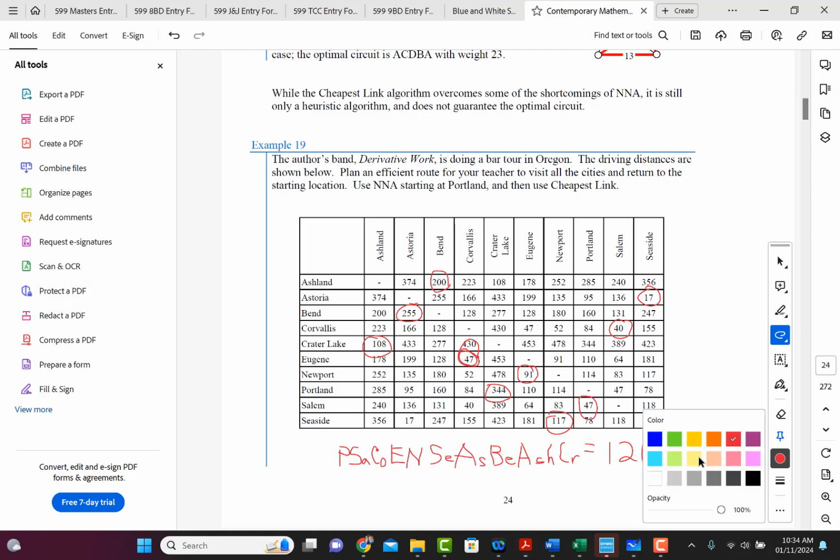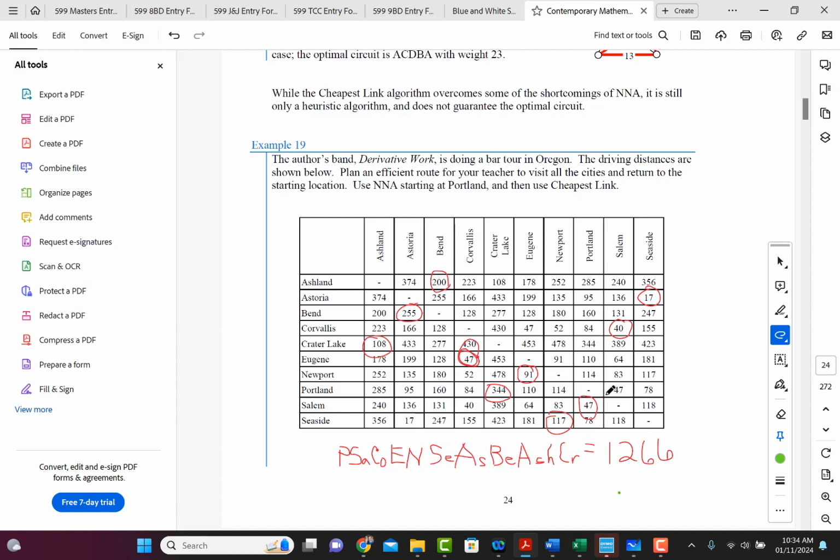Okay, so now let's do it again, and let's use the cheapest link. So the cheapest link is we're going to use the cheapest of all of them, right? So what is the cheapest one of all of them?